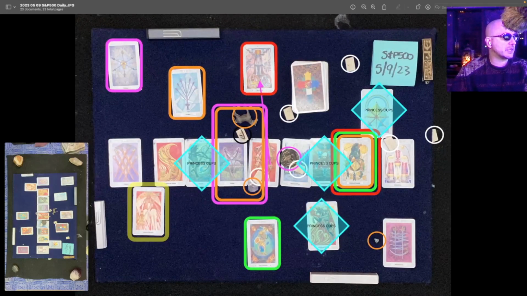There's an opportunity there to open up a short position. You could probably close it for a quick day trade here.